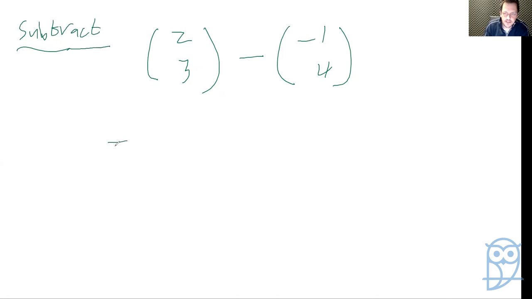How do we subtract vectors? We subtract them component by component. 2 minus -1, a minus and a minus make a plus. So 2 plus 1 gives me 3. And 3 minus 4 gives me -1. Amazing.